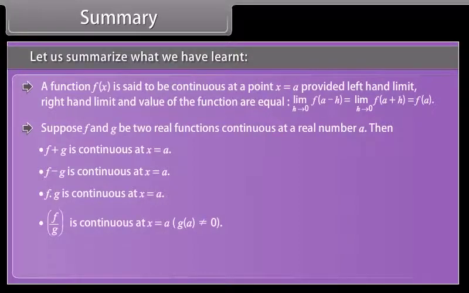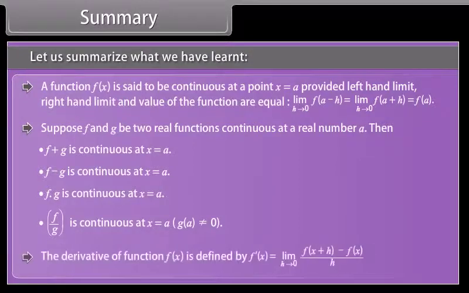F by g is continuous at x is equal to a, g of a not equal to 0. The derivative of function f of x is defined by f dash x is equal to limit h approaches 0 of f of x plus h minus f of x divided by h.